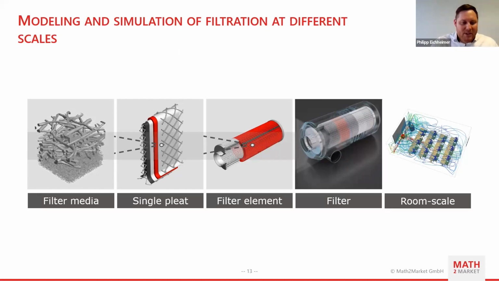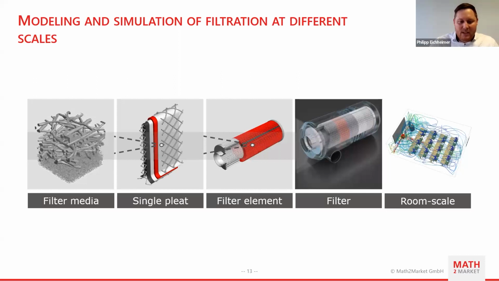So this is something we are all capable of, and it has something in common, because at this scale, when you go larger than the filter media scale, you cannot resolve each fiber anymore. So you have to come up with some ideas, and the idea in general is that we simulate, for example, for the single pleats, marked here in red, a porous layer. This porous layer, of course, does not feature the fibers anymore, but it needs to have some parameters or properties which are related to the filter media.